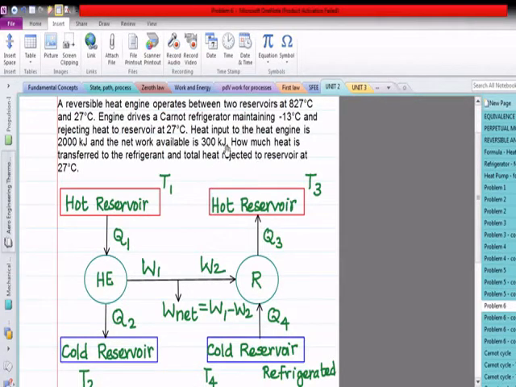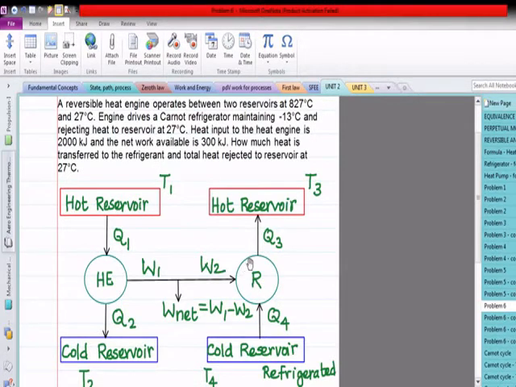Going to the fourth sentence: how much heat is transferred to the refrigerant and the total heat rejected to reservoir at 27 degrees Celsius. The first question is heat transferred to the refrigerant. What is refrigerant? First of all, refrigerant is a working substance used in a refrigerator.